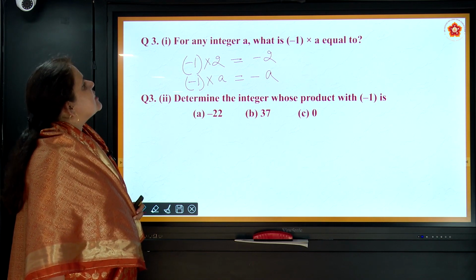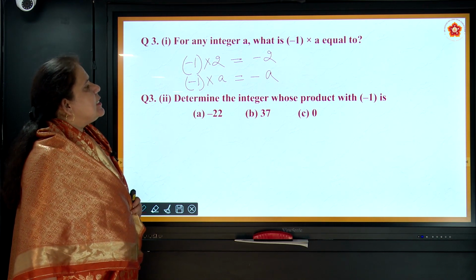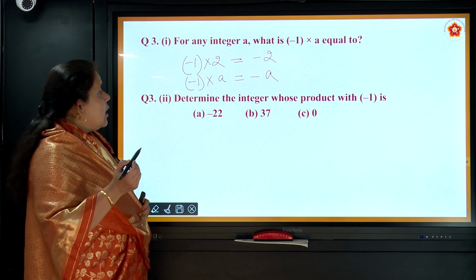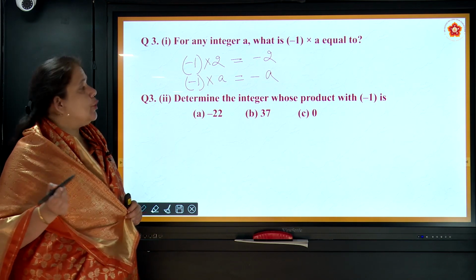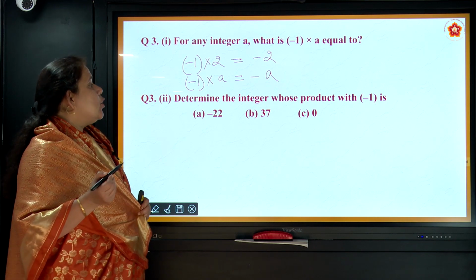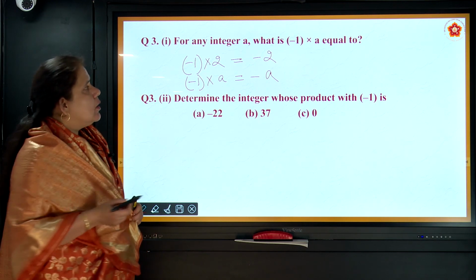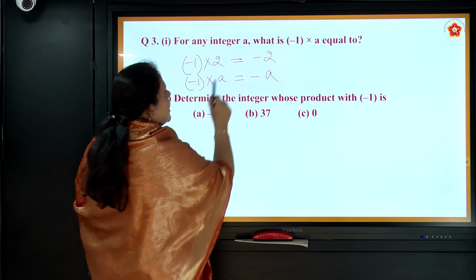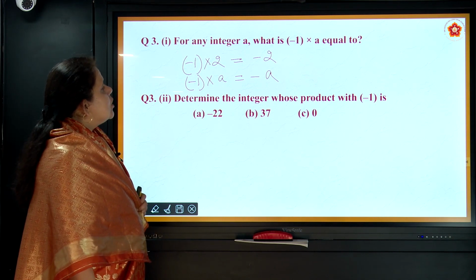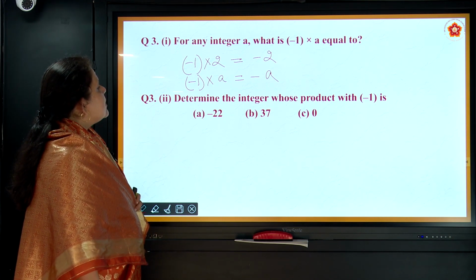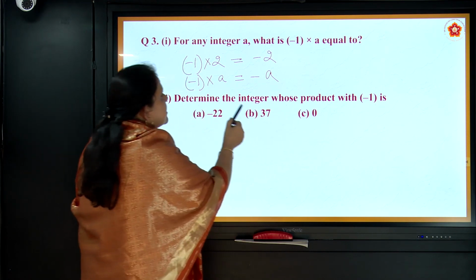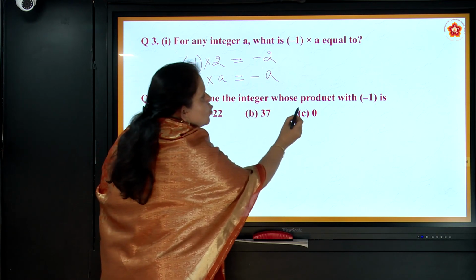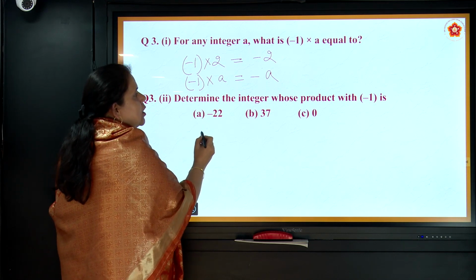The second part is an extension of what we have done. Determine the integer whose product with minus 1 is minus 22. Now just think about it. Which number or which integer should you multiply with minus 1 so that your answer is minus 22? Look at it here. By what should you multiply minus 1 so that you have to get the answer minus 22?